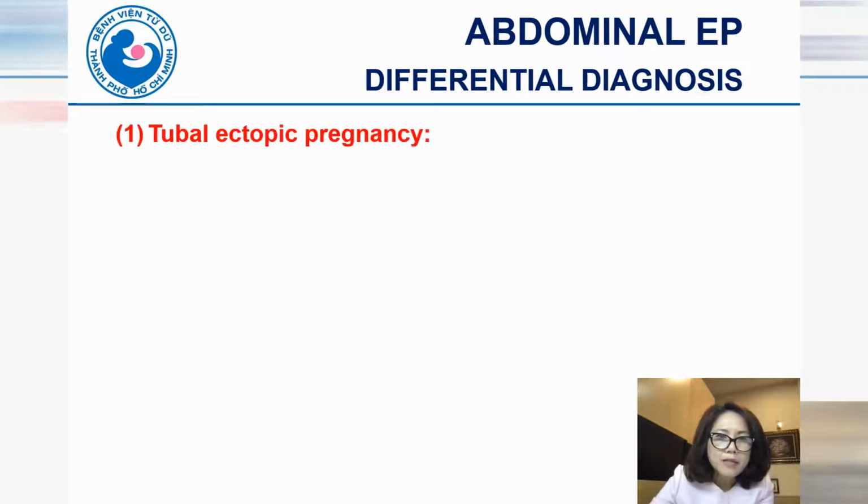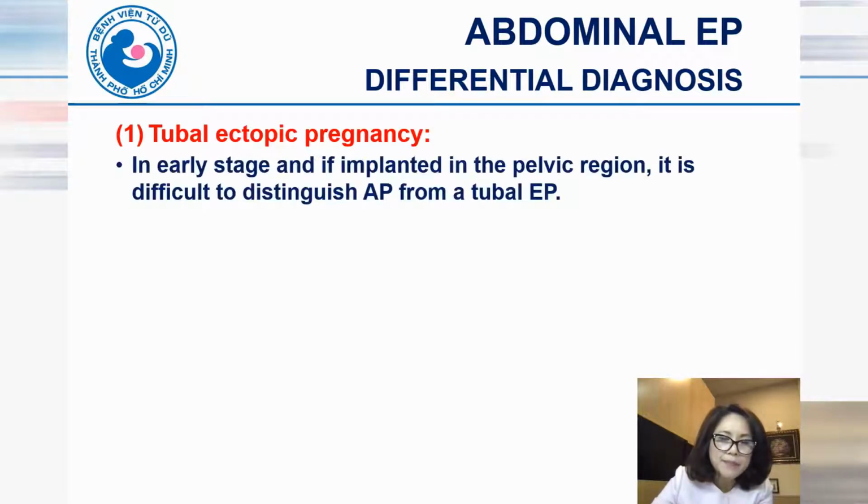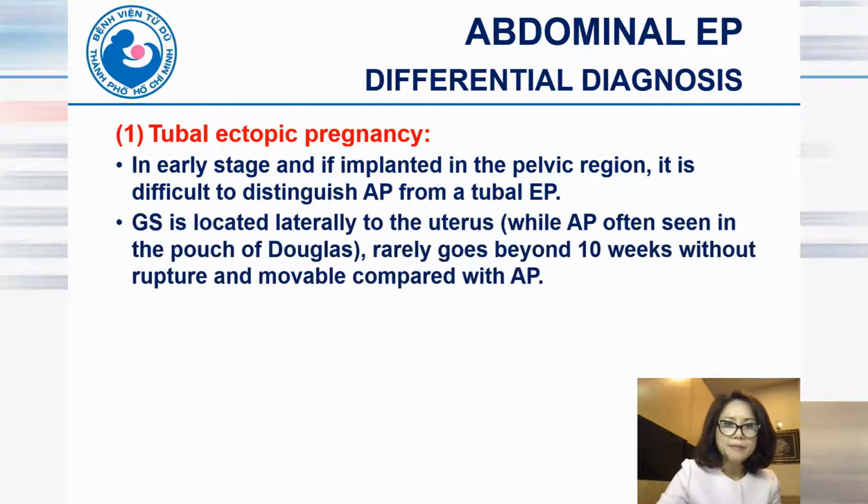Differential diagnoses of abdominal ectopic pregnancy include, first, tubal ectopic pregnancy. In the early stage, if implanted in the pelvic region, it is difficult to distinguish an abdominal ectopic pregnancy from a tubal ectopic pregnancy.